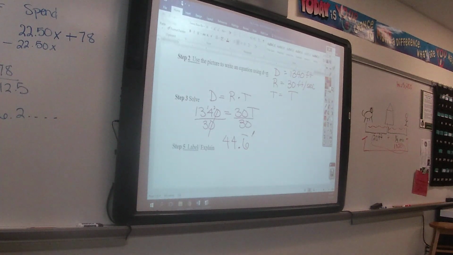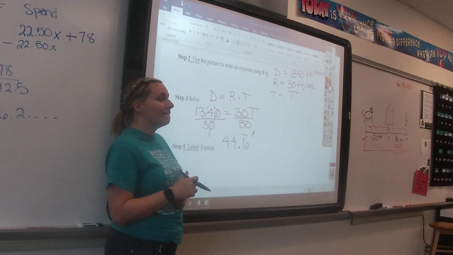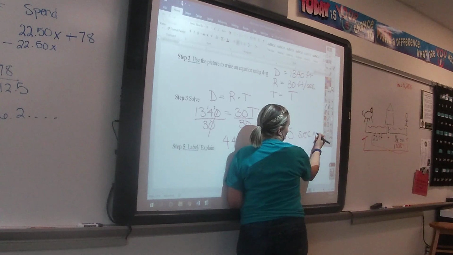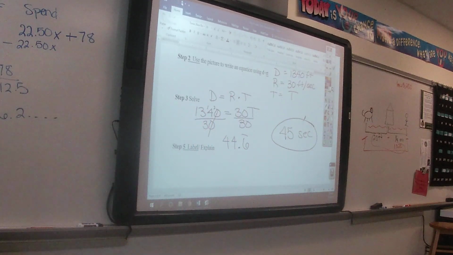I don't know about you all, but I have a hard enough time keeping track of 1 watermelon, 2 watermelon. Am I going to be able to keep track of 0.6 of a watermelon? Probably not. So what would we probably say? How long is it going to take to get to me? 45 seconds. Let's just go to seconds. I mean, a decimal of a second. I guess we're not trying to win Olympic races. If it was Olympic races, maybe it would matter.